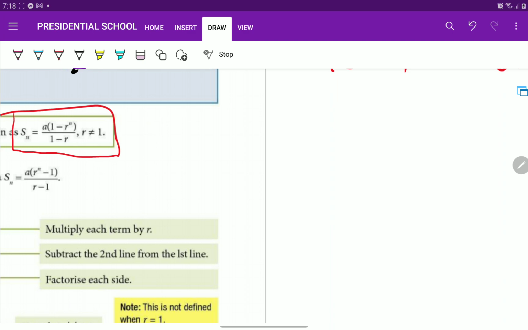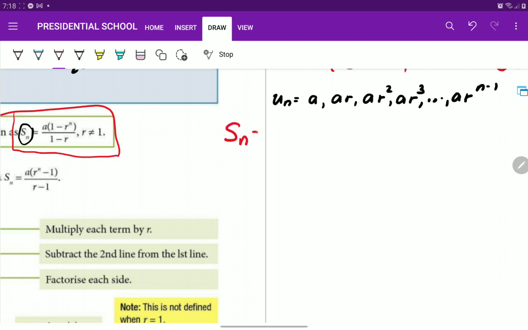So what we know is that our u sub n, our sequence, is equal to a, followed by ar, followed by ar squared, ar cubed, then the last term is ar to the n minus 1. So when we say sum, meaning the sum of all of this, let's symbolize that as S sub n.